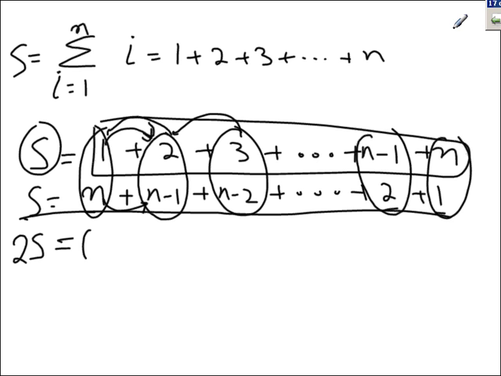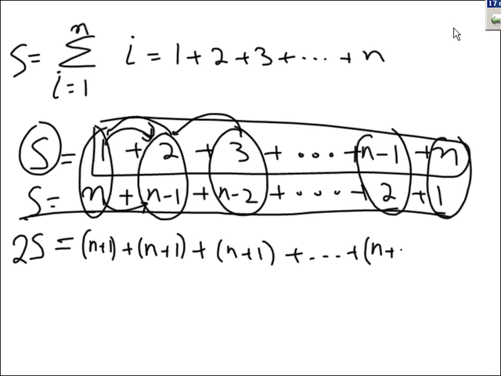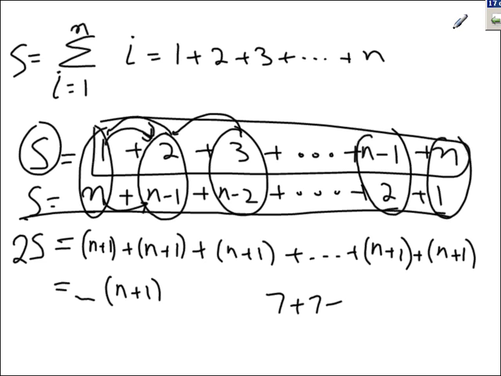That is, I have n plus 1 plus n plus 1 plus n plus 1 plus n plus 1 plus n plus 1. So I'm going to end up with some number times n plus 1. After all, if you add up 7 6 times, you get 6 times 7. Well, I'm adding up n plus 1s.